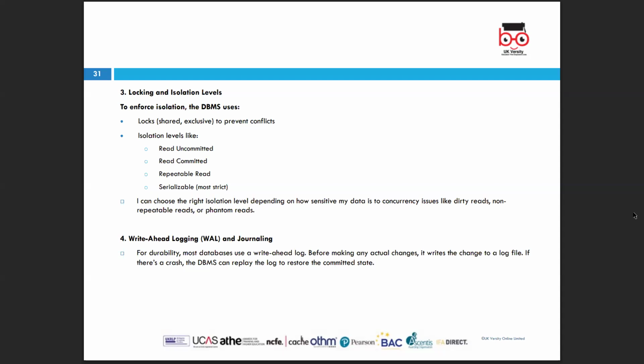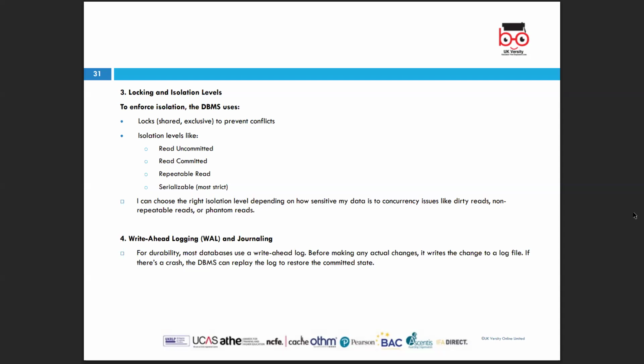So to ensure isolation, our DBMS now uses locks and isolation levels like read uncommitted, read committed, repeatable read, and serializable. So we can now choose the right isolation level depending on how sensitive our data is to concurrency issues like dirty reads, non-repeatable reads, or phantom reads.